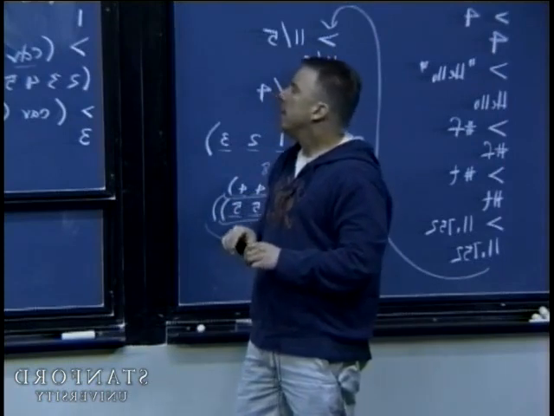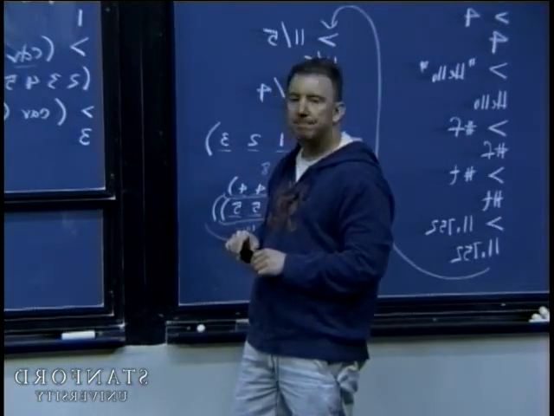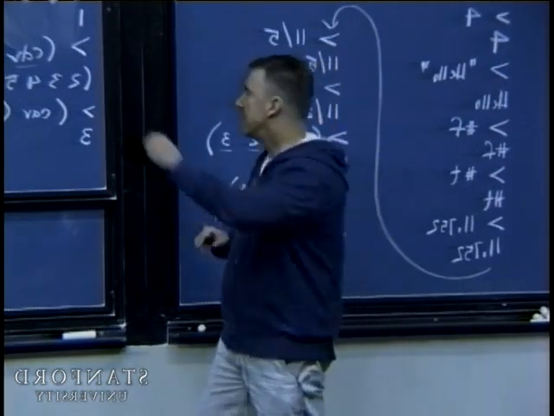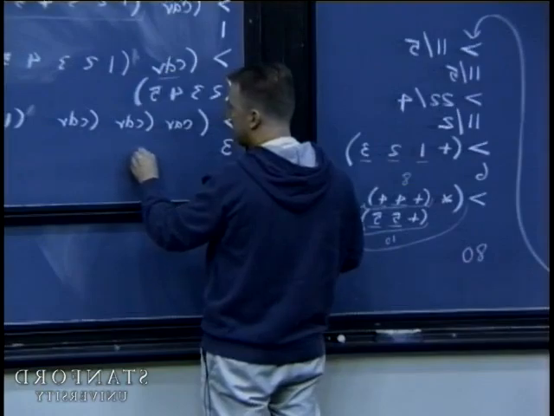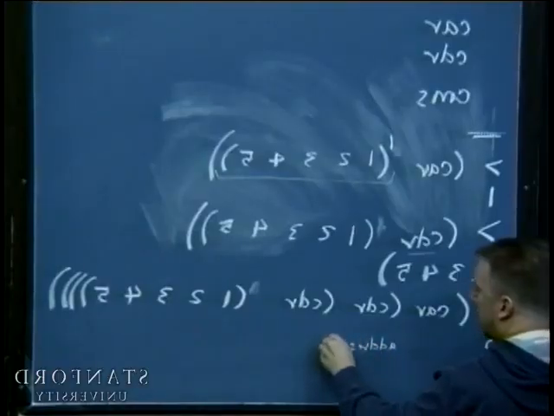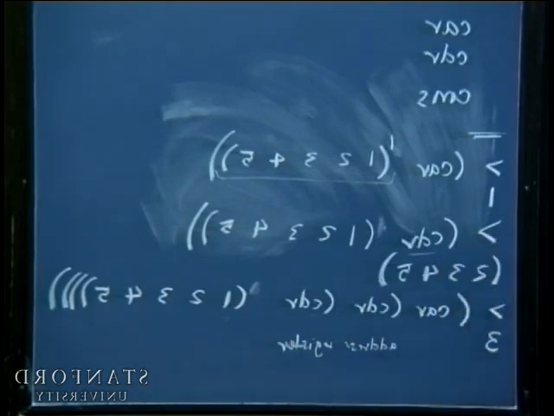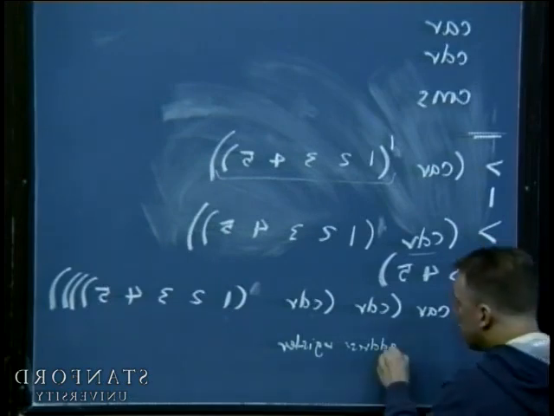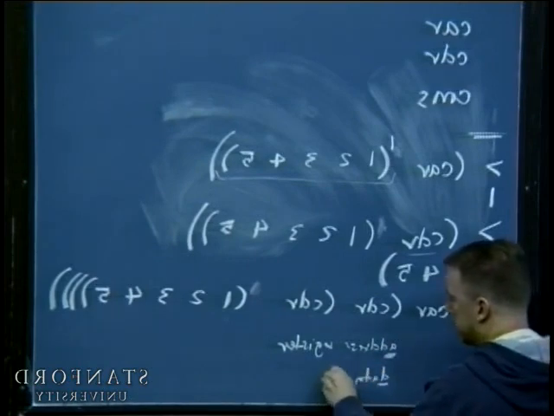Okay. Now, why are they called car and cdr? It's really not a very interesting reason, but I mean, it's kind of interesting. The original implementation of either Scheme or Lisp, I'm not sure, was on an architecture that had two exposed registers. One was called the address register, emphasis on the A, and one was called the data register.